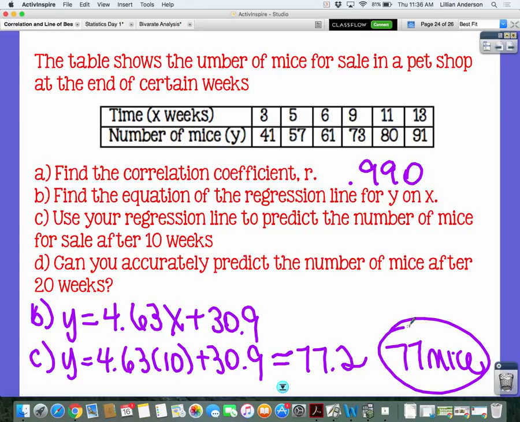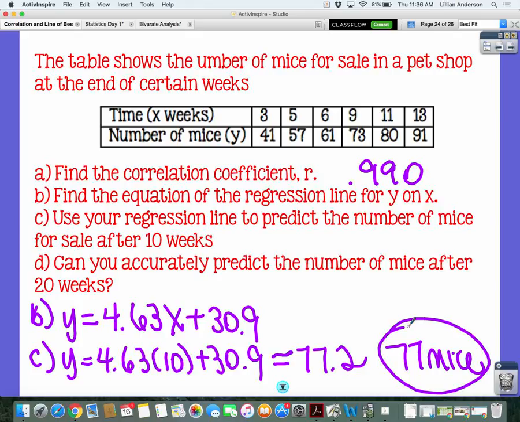All right, now part D says, can you accurately predict the number of mice after 20 weeks? Yes? Okay. So, this here. Can you accurately predict the number of mice after 20 weeks? What we have here for our data only gives us up to week 13.